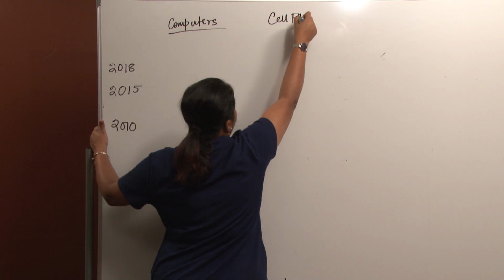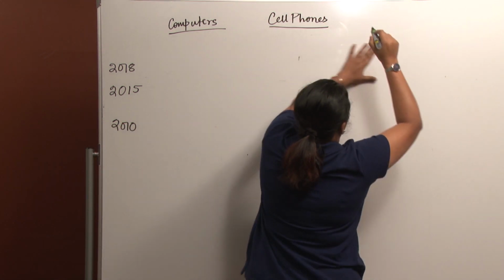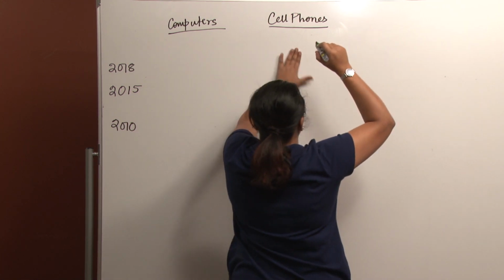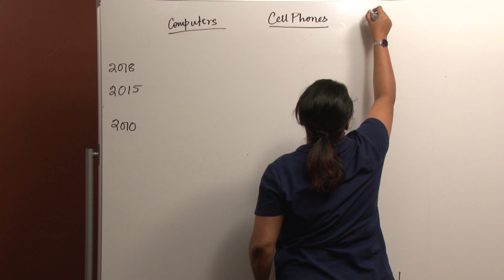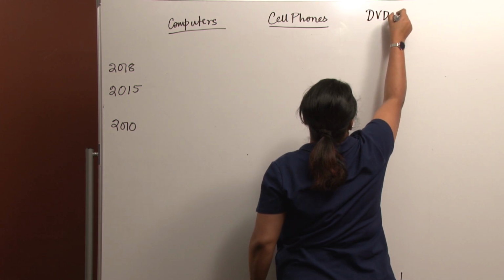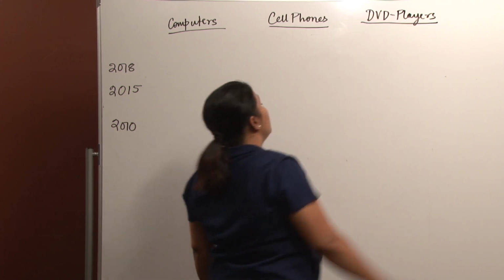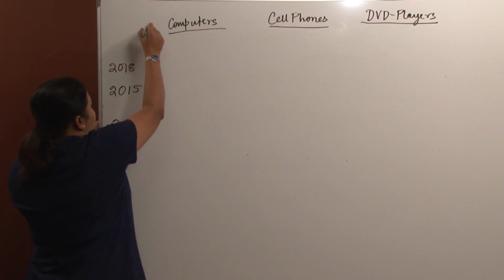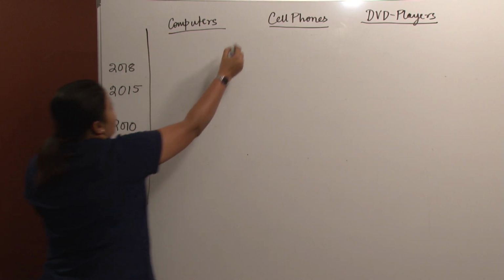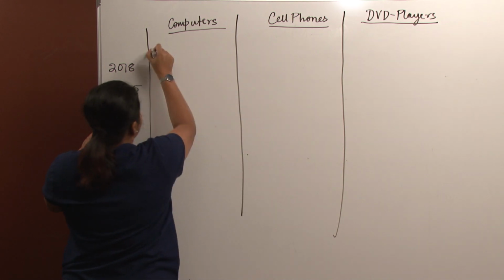it produces cell phones, and say it produces, what else, let us say DVD players. So, those are the three commodities that are produced by this economy, and we have the quantities and the prices given to us.